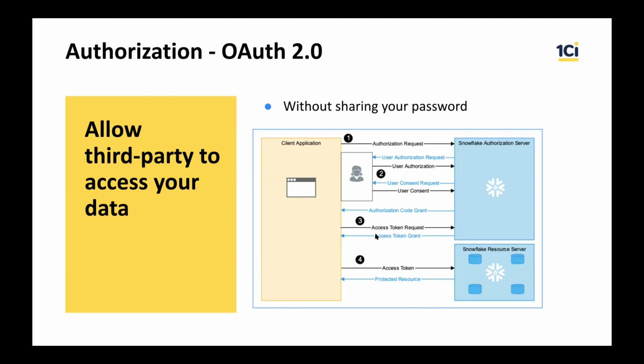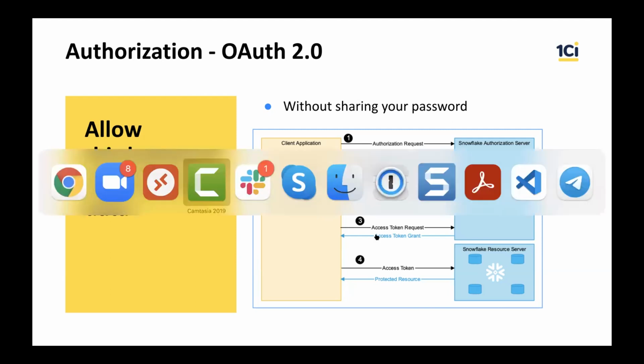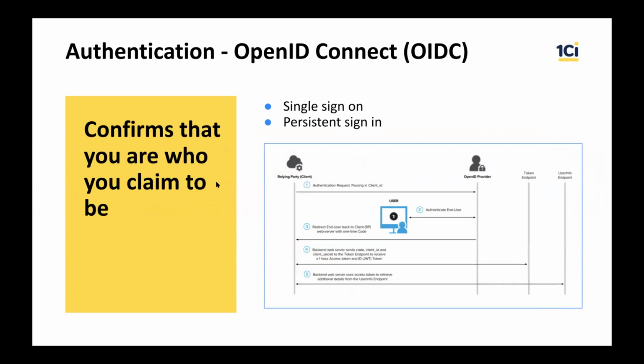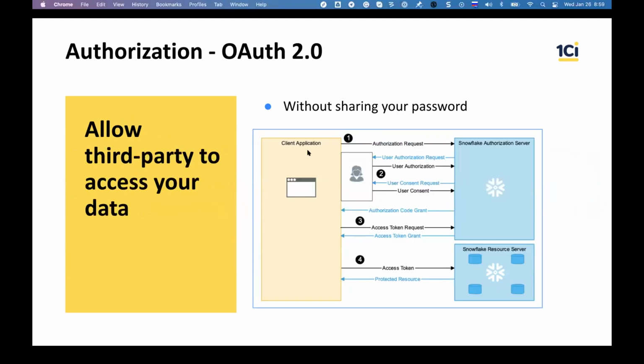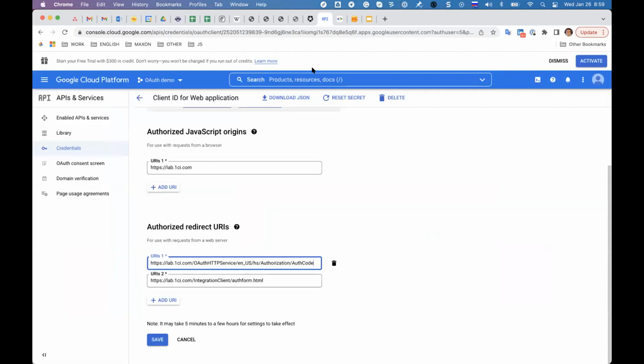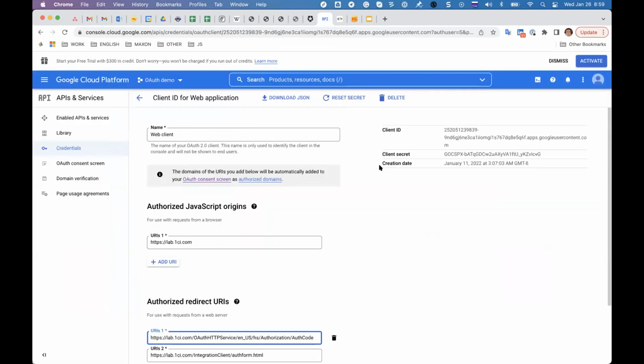Okay, and now let's try to look at the implementation. So we leave the presentation mode here. And so implementation starts here. Right now, I'm inside the Google Cloud Platform console.